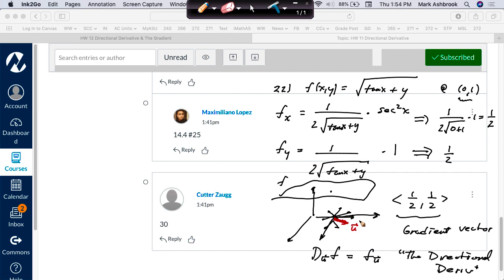Which u, how should I pick u? Don't you just find an i and j, and take the coefficients, and then do a unit vector from that? Well, that would be for any direction, right? So I'm asking, how should I pick u so it's in the direction of the greatest rate of change? We figured this out.